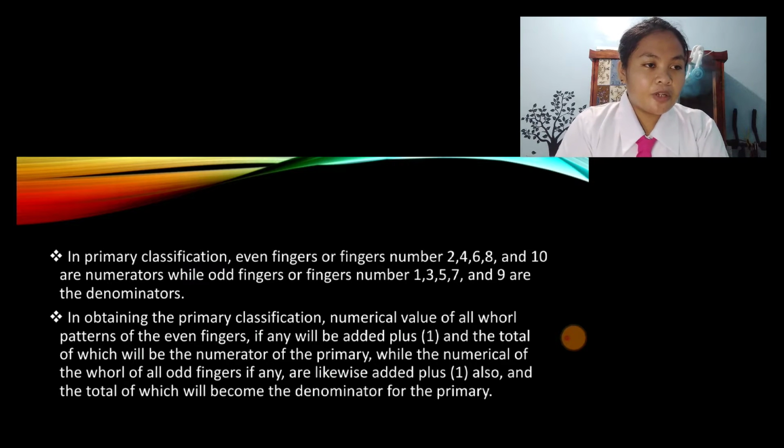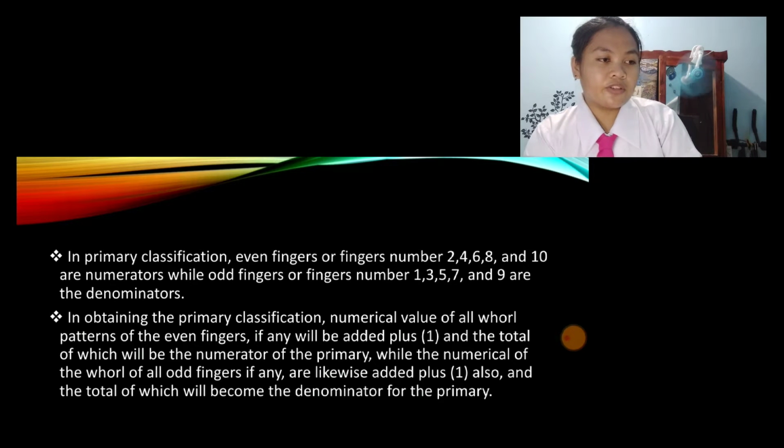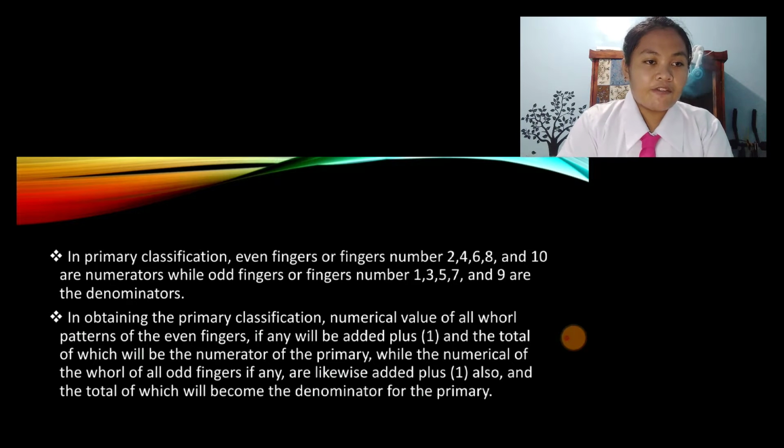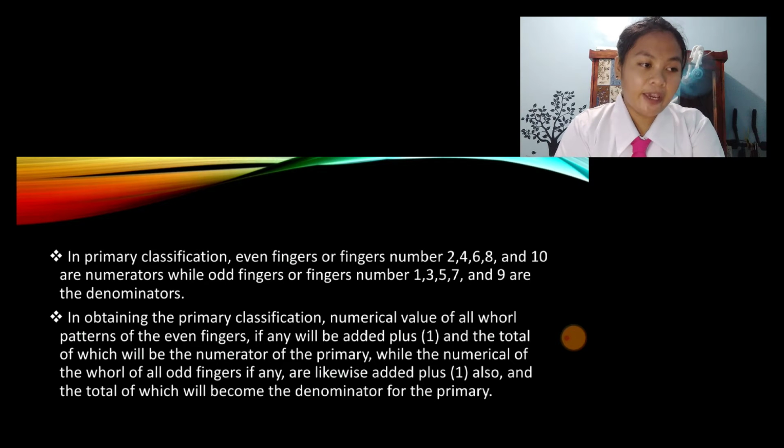In obtaining the primary classification, the numerical value of all whirl patterns of the even fingers, if any, will be added plus 1, and the total of which will be the numerator of the primary, while the numerical values of the whirls of odd fingers, if any, are likewise added plus 1 also, and the total of which will become the denominator for the primary.